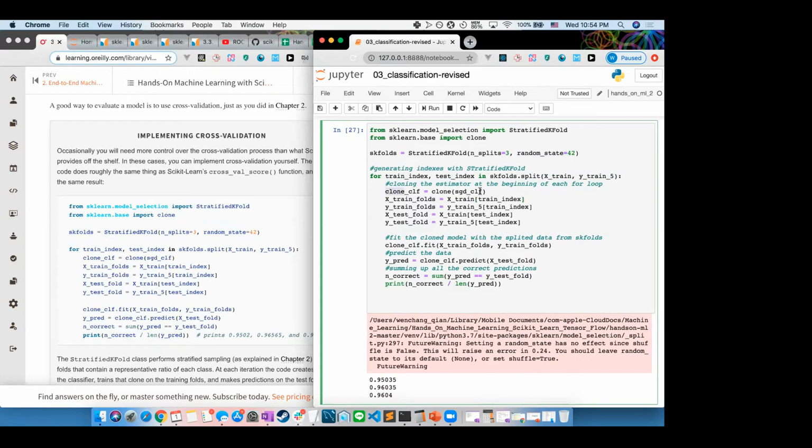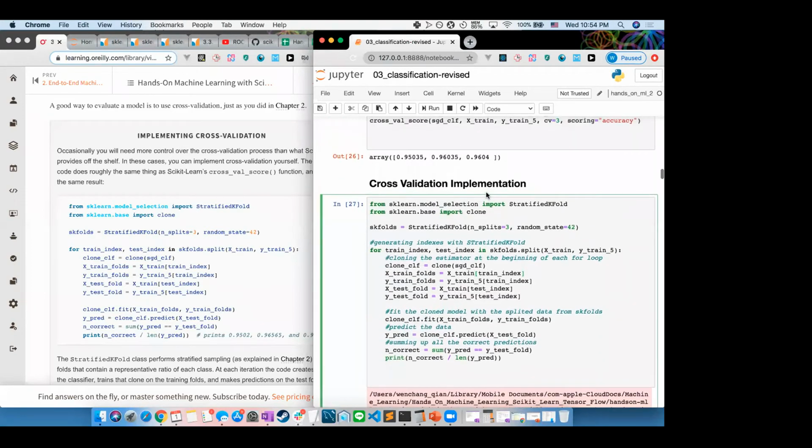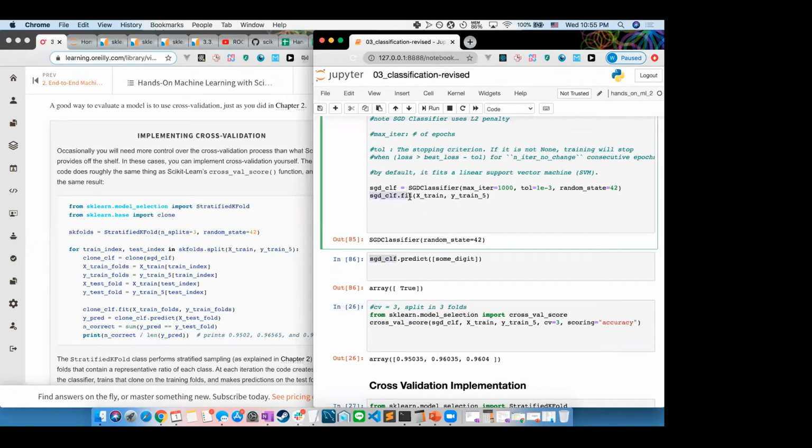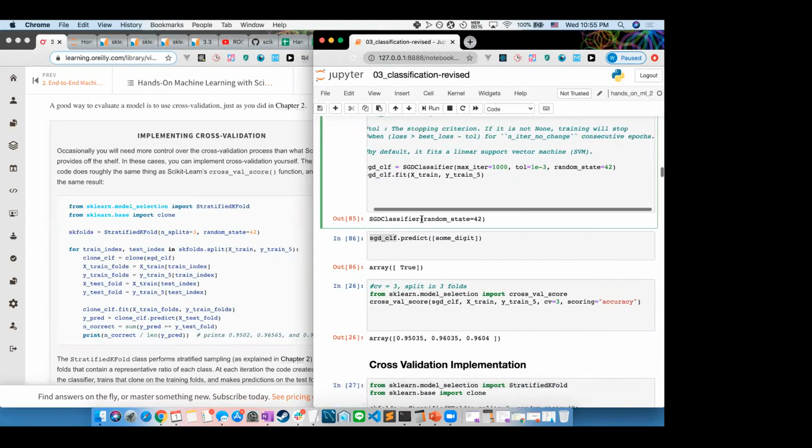Now, what does this mean? We're importing a clone function from sklearn.base. We're cloning the estimator at the beginning of each for loop. So we're literally cloning this SGD classifier, after fit, of course.